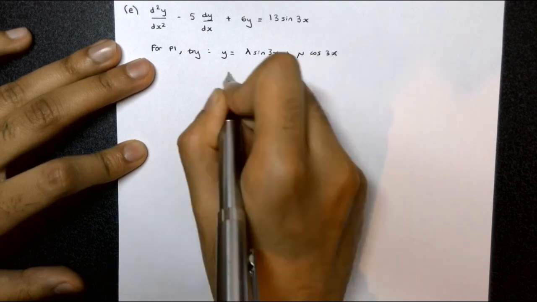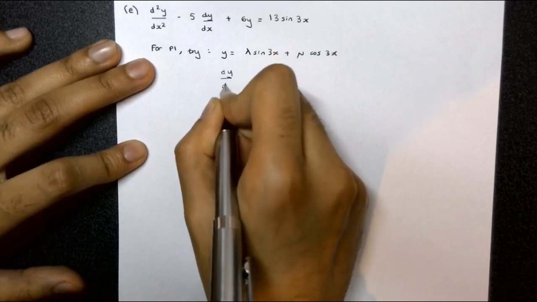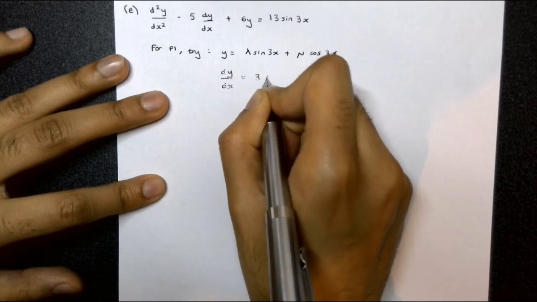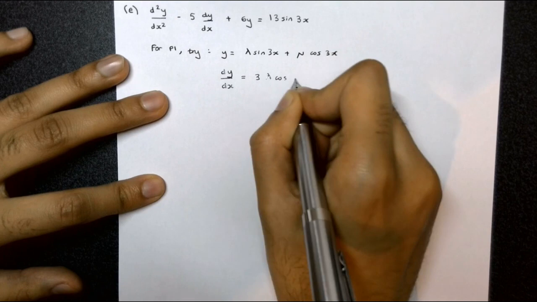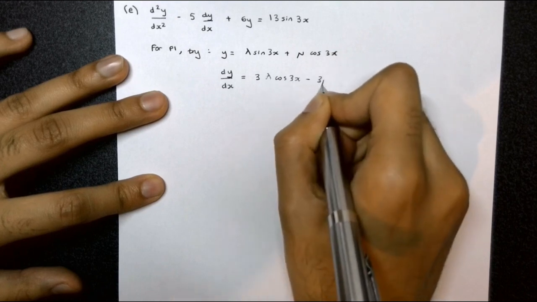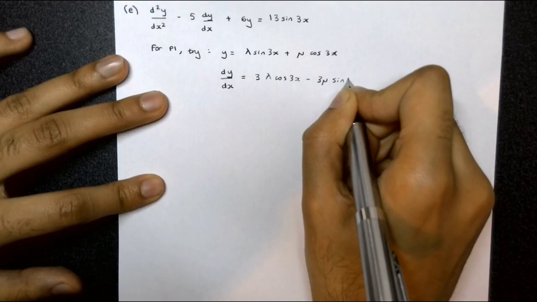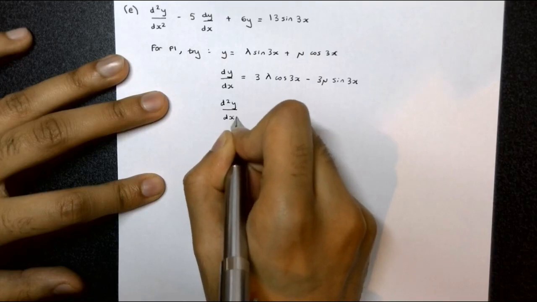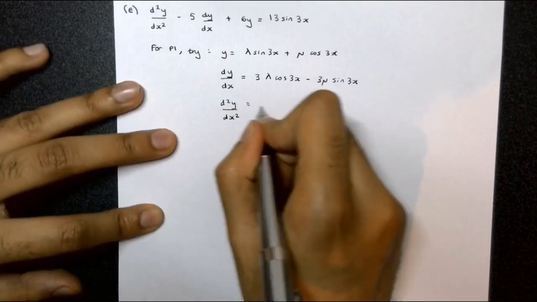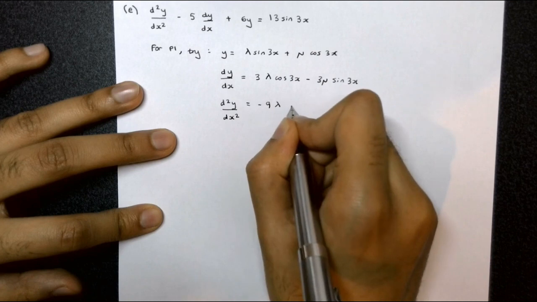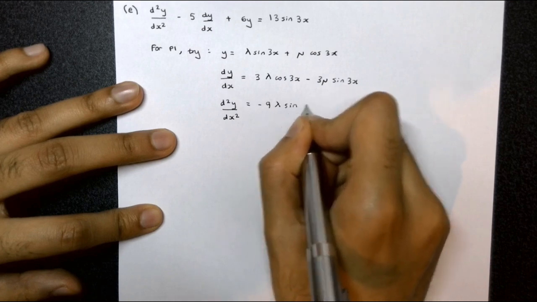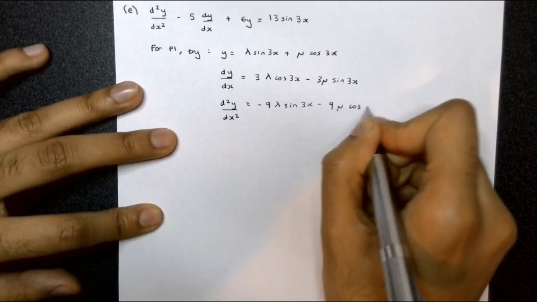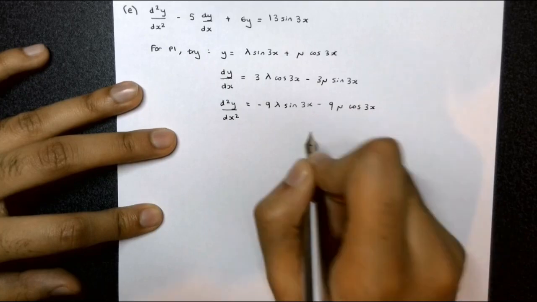And then if we differentiate this twice, we've got dy over dx, which is equal to 3 lambda cos 3x minus 3 mu sine 3x. And if we differentiate once again, d squared y over dx squared, that's equal to minus lambda times by the sine of 3x minus 9 mu times by the cosine of 3x.